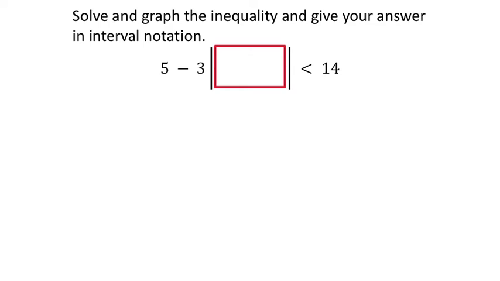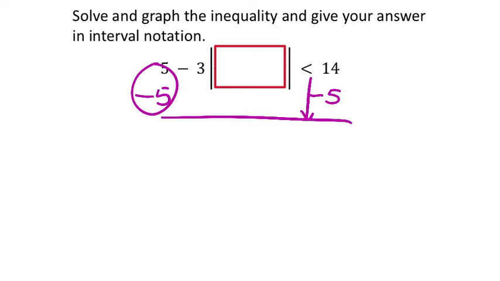Remember, we need to solve first, just for the absolute value. So I'm going to start by zeroing out that +5 there. So I'm going to subtract 5 from both sides. Okay, that zeroes that out. Now I got a -3 times some absolute value, which is less than 14 minus 5, which is 9. And this is what I mean. Something fishy is going on when something looks as ugly as it did.